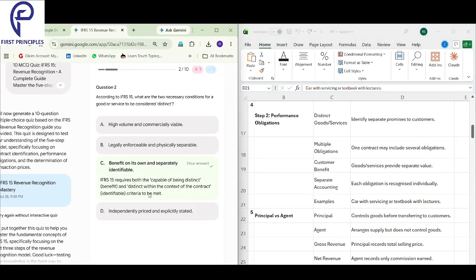Okay, capable of being distinct from the context of the criteria to be met. So here they think benefit on its own and separately identifiable. Each obligation is recognized individually, so it has its own benefit on its own, has a separate value. Goods and services provide a separate value and are distinct within the context. They are separate and provide their own value.